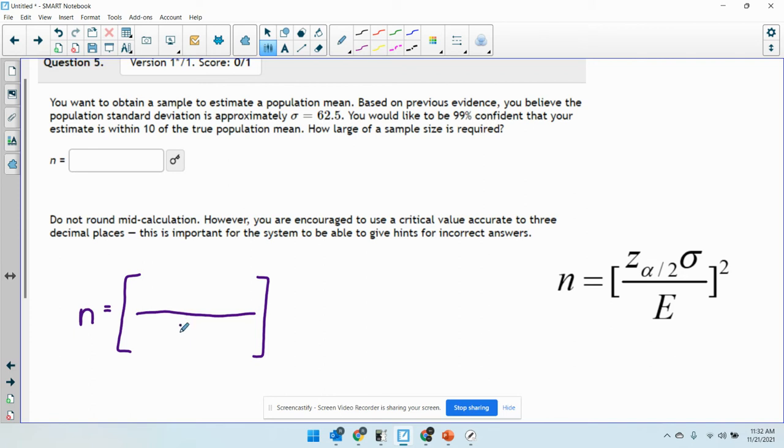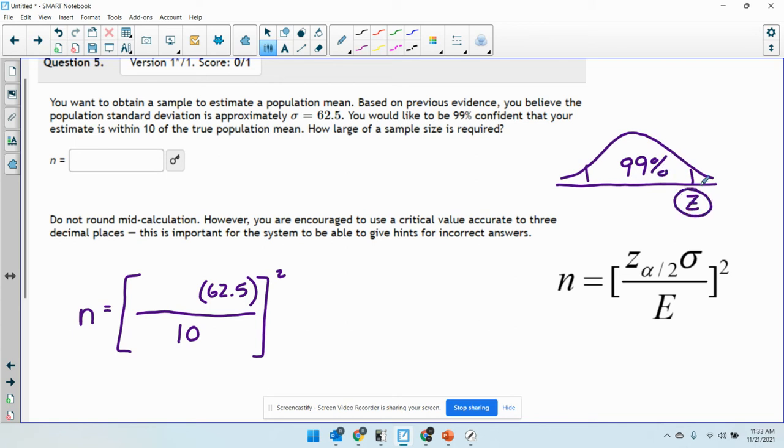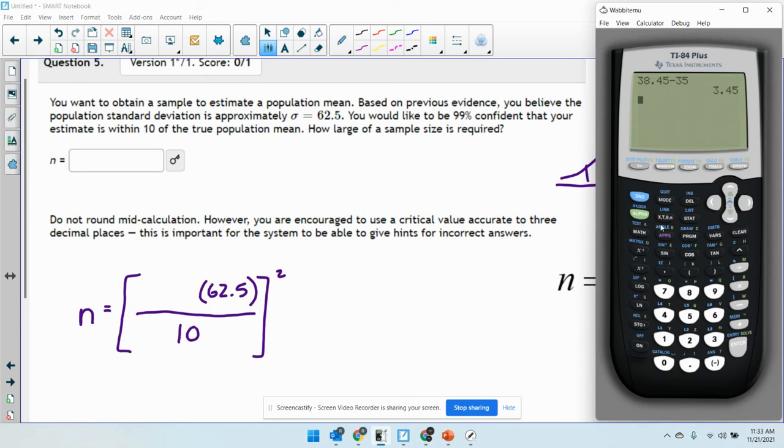Margin of error is going to be 10. Sigma is 62.5. I'm going to square this whole thing. And then I'm looking for the value of z that cuts off the middle 99%. So in the calculator, we're going to use inverse normal.